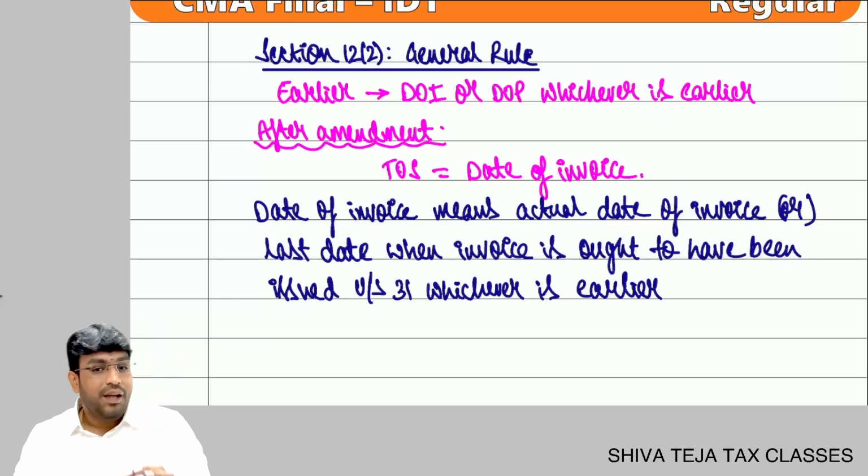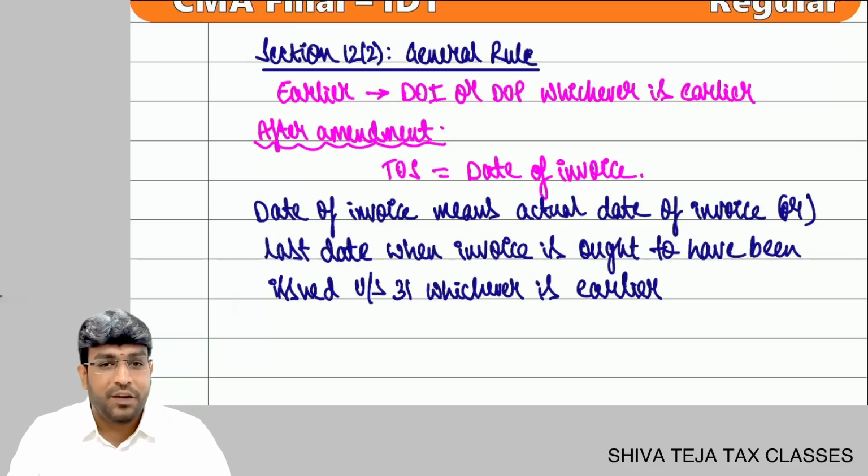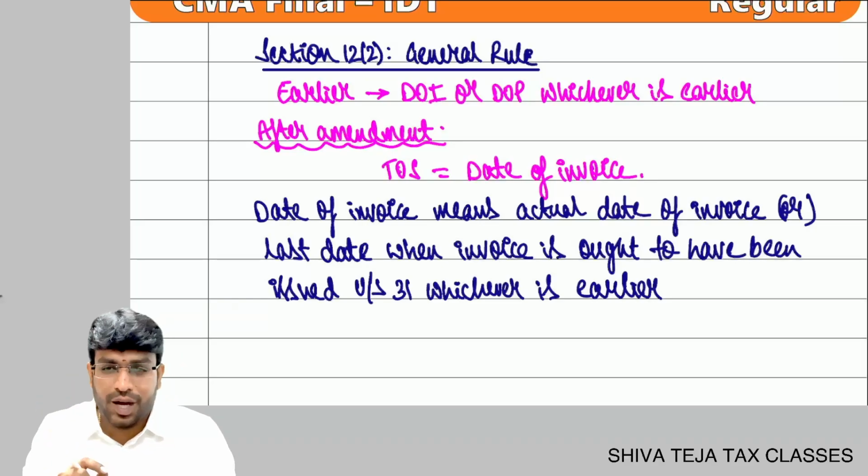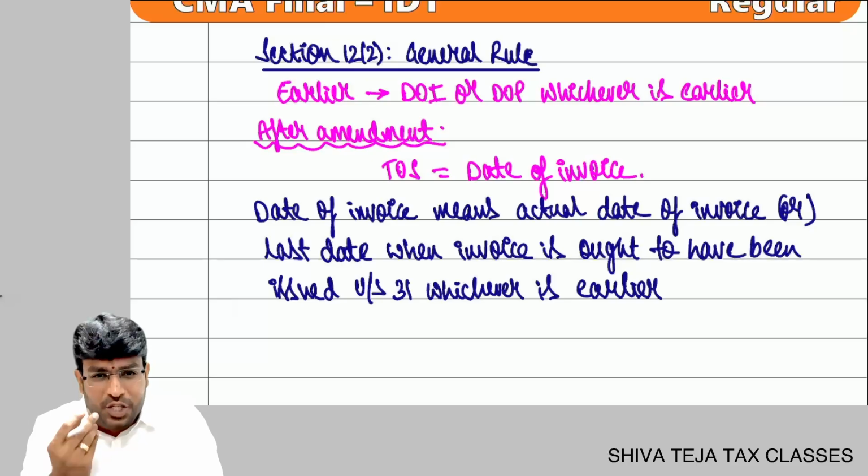Very interesting line, whichever is earlier. What does this mean, my dear friends? Come on, read that line once again. Date of invoice means actual date of invoice or last date when invoice is ought to have been issued under section 31, whichever is earlier.